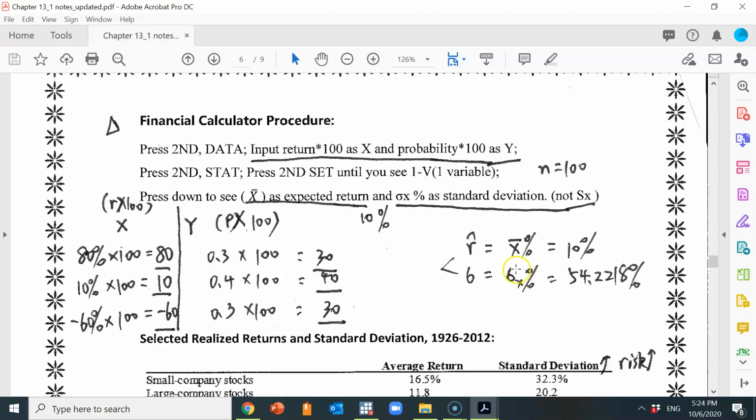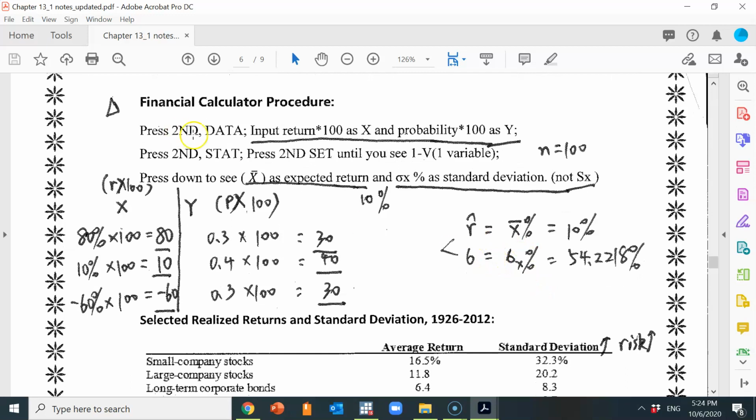Okay, another way to solve for this question is to use the data and stat function in our financial calculator. I will show you later on the calculator, but here it shows the steps. Press second data function. We can input all the returns multiplied by 100 as x and probability multiplied by 100 as y.